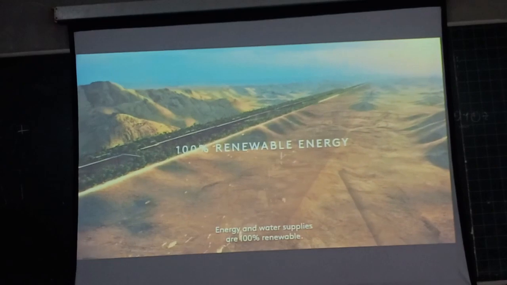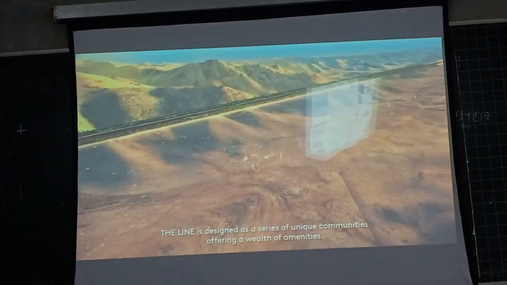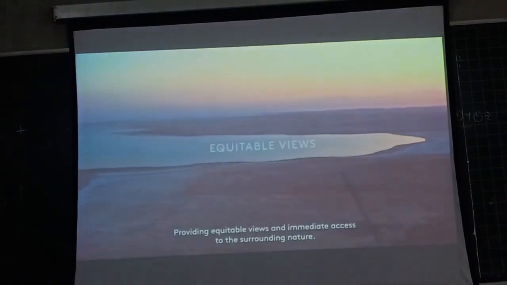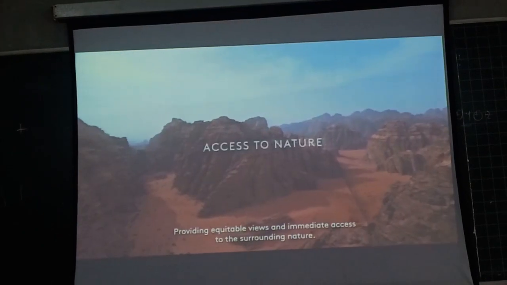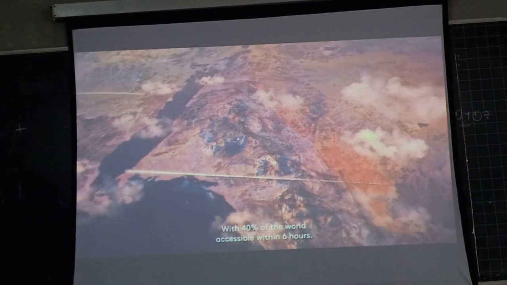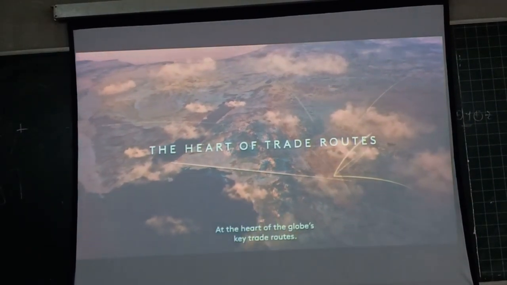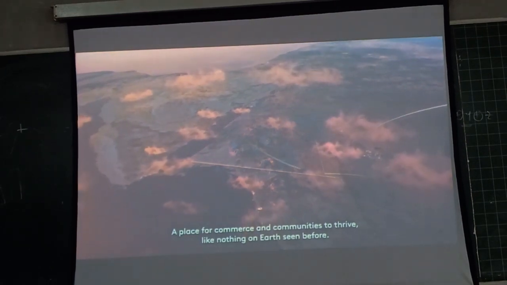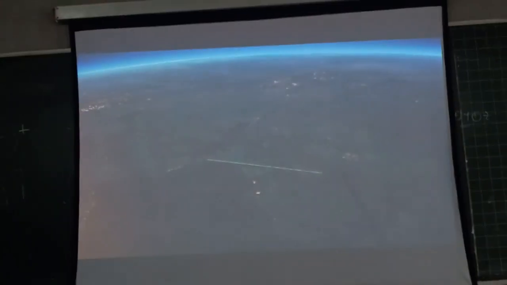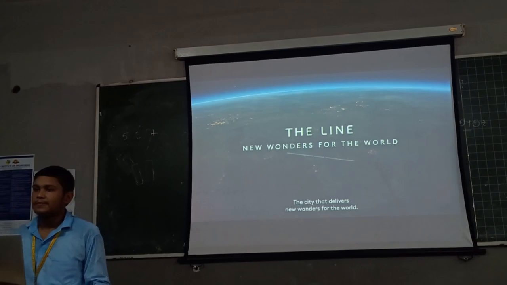Energy and water supplies are 100% renewable. The Line is designed as a series of unique communities, offering a wealth of amenities, providing equitable views and immediate access to the surrounding nature. With 40% of the world accessible within 6 hours, at the heart of the globe's key trade routes, a place for commerce and communities to thrive like nothing on earth seen before. The Line, the city that delivers new wonders for the world.